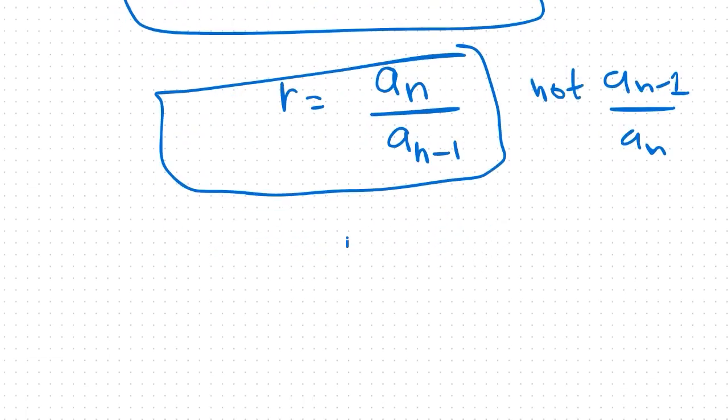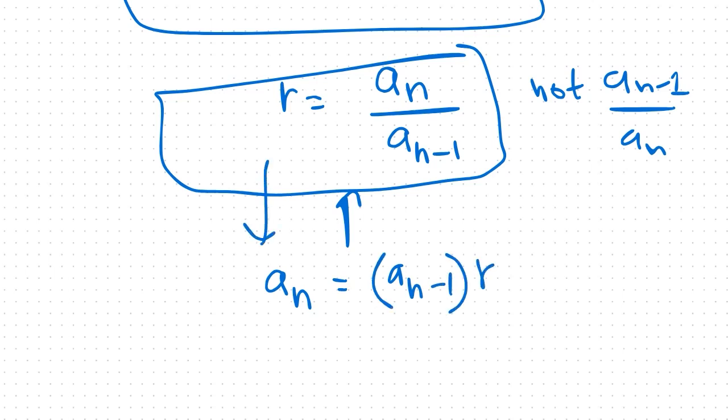So if we talk about the nth term, an is equal to a n minus 1 into r. From here, we can obtain a n minus 1 into r power 1. So in general, if you are talking about the nth term, the formula is a n equals a k into r power n minus k.